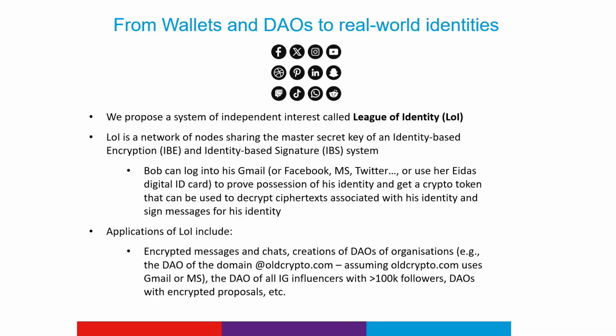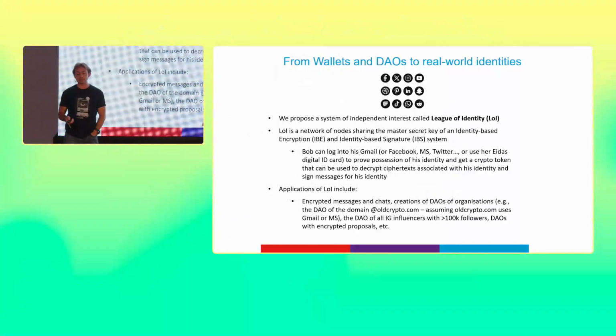Alice can encrypt a message in favor of Bob using Bob's real-world identity, or his Gmail address. Bob at any point can get from the legal identity the token for his email address, just proving possession of his email address. It works also for Microsoft accounts, Twitter, and we even support digital ID cards.